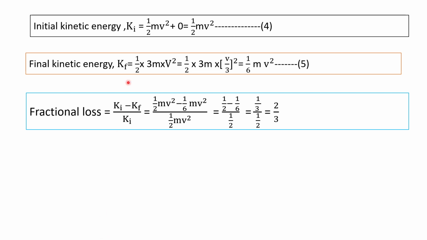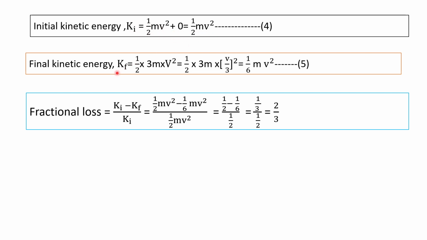Initial kinetic energy Ki equals, the first particle has kinetic energy half m v square. The second particle is at rest, so its kinetic energy is 0. So Ki is equal to half m v square.